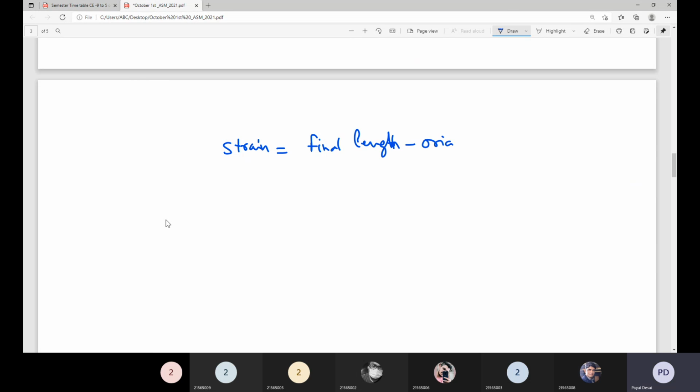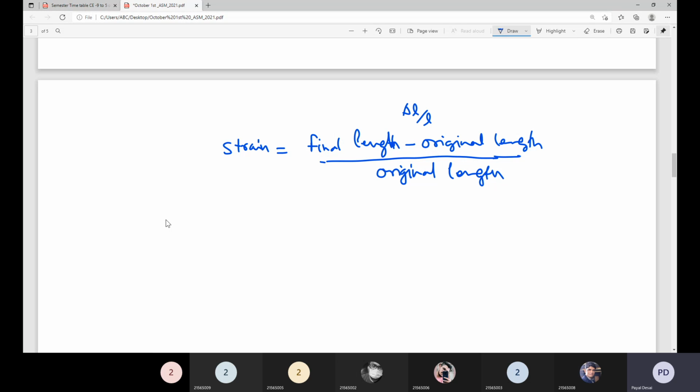Delta L by original length, right? So final minus original हम क्या बोलते हैं? Delta L बोलते हैं और original length को हम L बोलेंगे. So that definition does not change, but हमारे केस में final length original length हमारा अलग है, right?